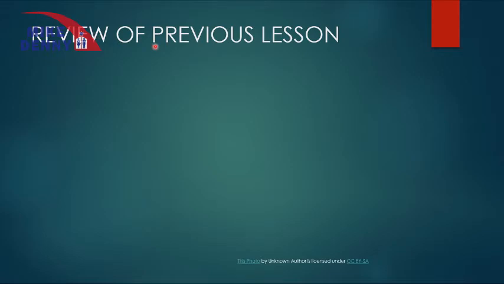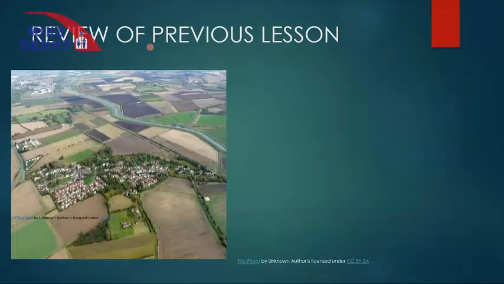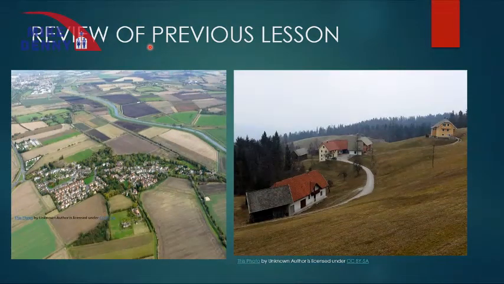So let us now talk about our last lesson. Remember, in our last lesson we were talking about settlement patterns, and we said there were two main types of patterns, which are the nucleated pattern and the isolated or dispersed pattern. If you can remember, we said this area is a nucleated area.